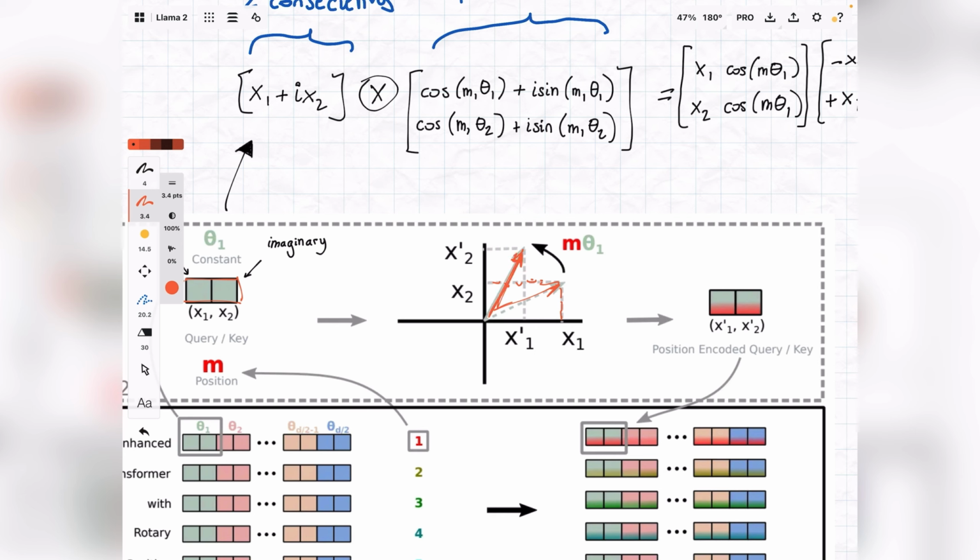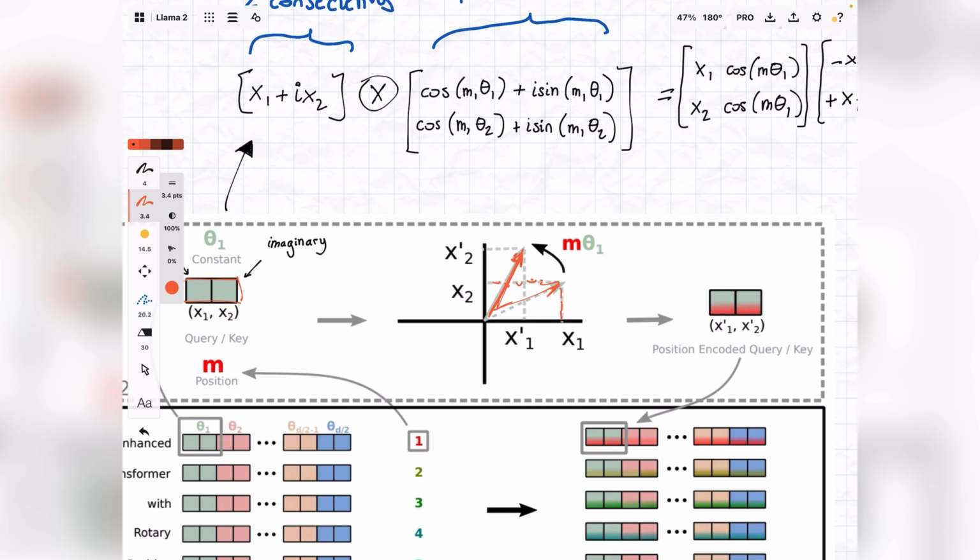That's our new vector that's rotated, and the magnitude is preserved, so your information is maintained, but the direction it's pointing to changes, and that change of orientation has that positional information.